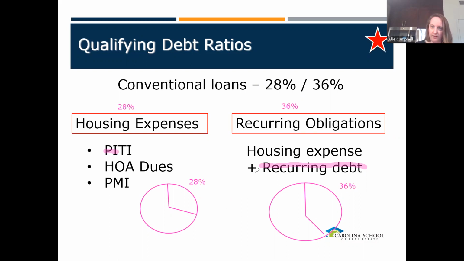Does this apply for other types of loans? That's a great question, and I do not know the answer to that. I do not know the ins and outs of a car loan or any kind of loan. This is specific to mortgage loans, particularly conventional loans.